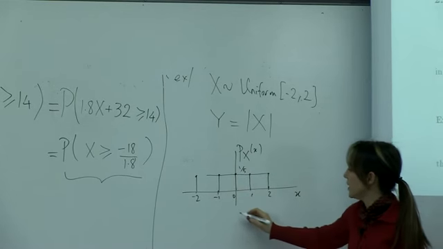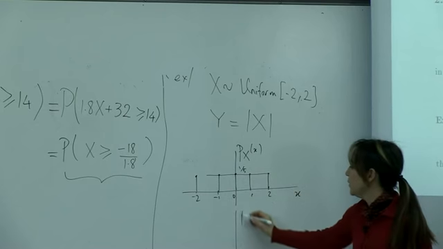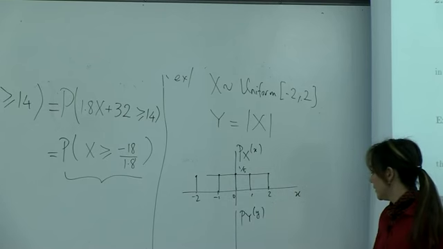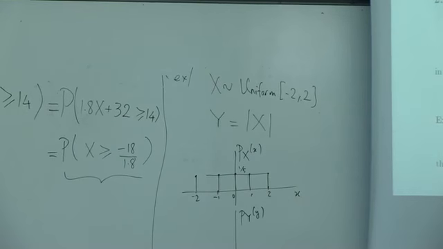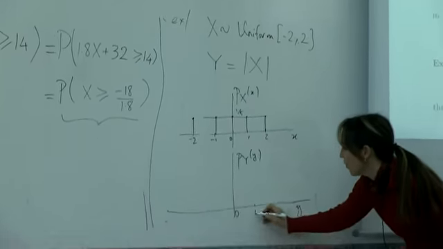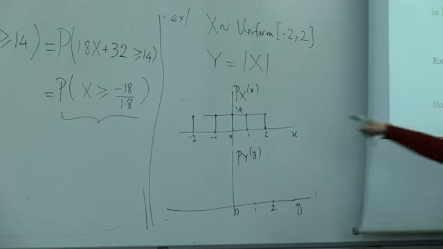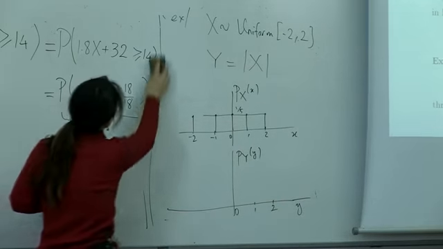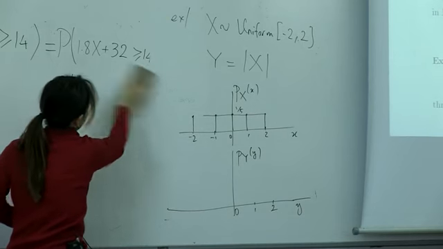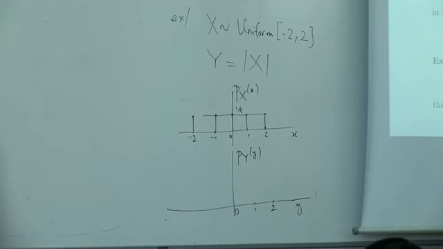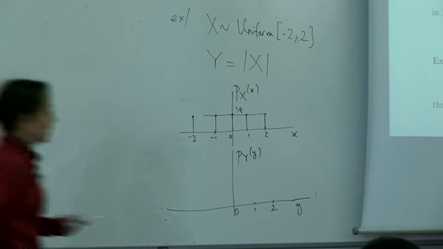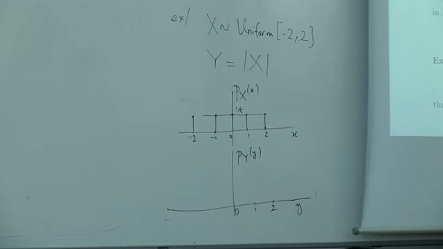Now let's do the same for y. Py of y. Now it's going to take the values 0, 1, and 2, right? How do we go from Px of x to Py of y? Let's remind ourselves of the definition of Py of y.